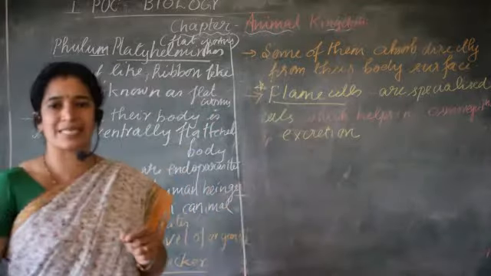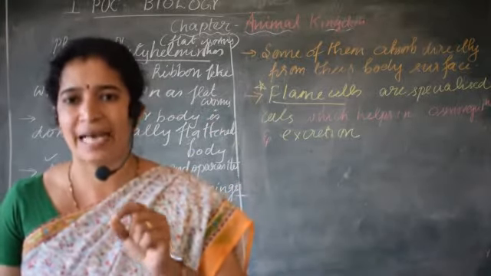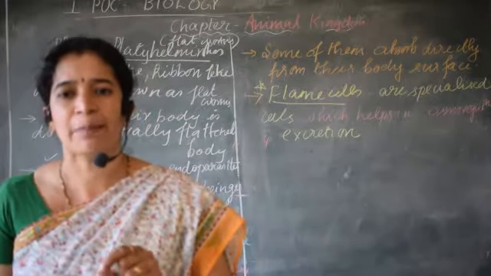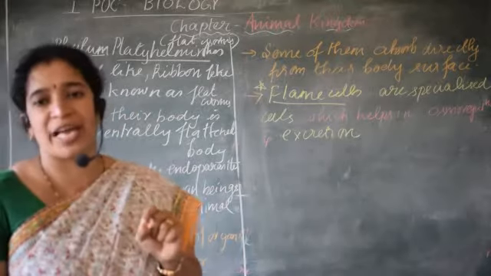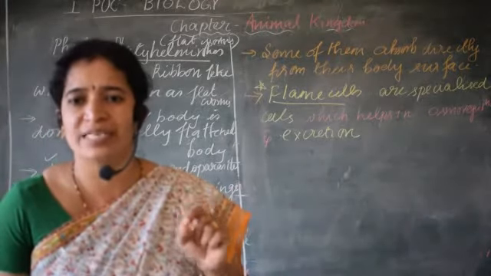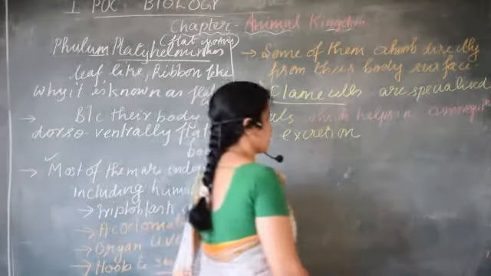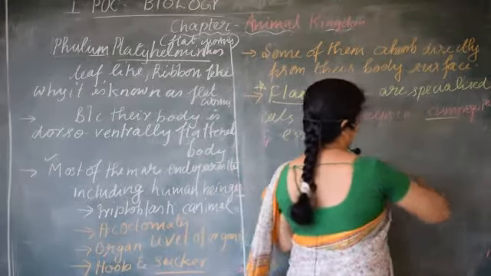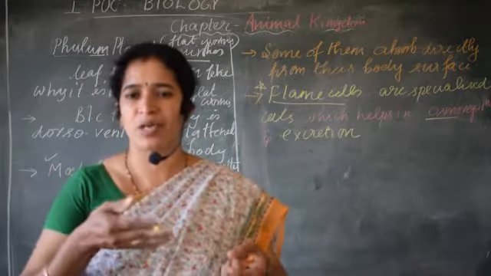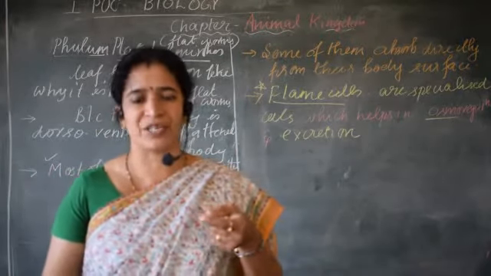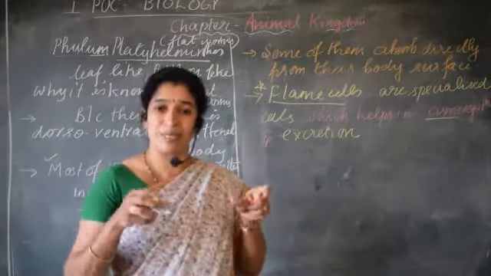What are flame cells? Flame cells are the specialized cells found in the Platyhelminthes, which help in osmoregulation and excretion. Now you may ask, what does osmoregulation mean? Osmo, you have heard of osmosis, right? Yes, it is related to the movement of ions from higher concentration to lower concentration. Here, osmoregulation means maintenance.